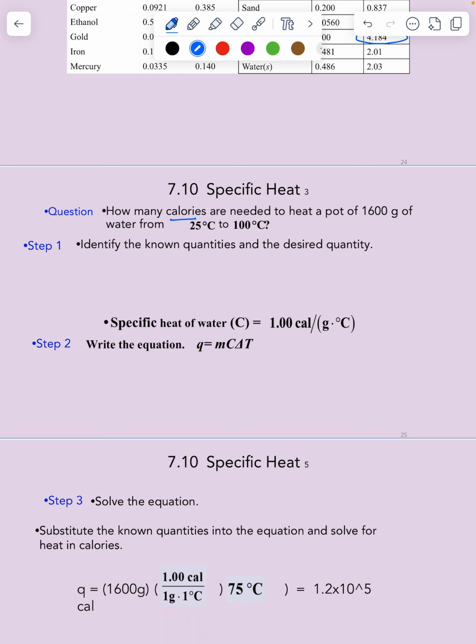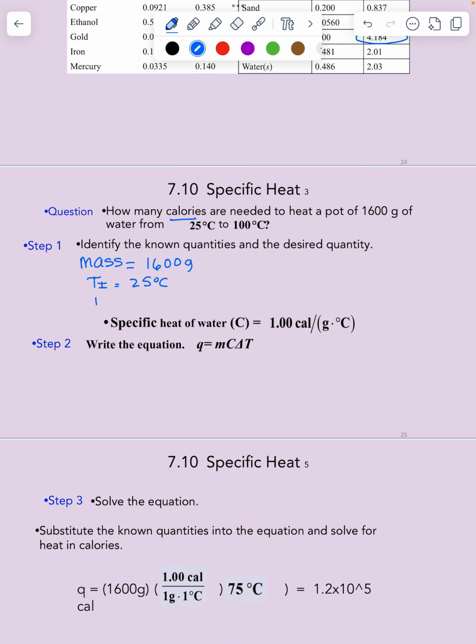As we read through the problem, it gives us a mass equal to 1,600 grams. The initial temperature is 25 degrees Celsius, and the final temperature is 100 degrees Celsius. And it wants us to find how many calories of energy are needed to make this water heat up.